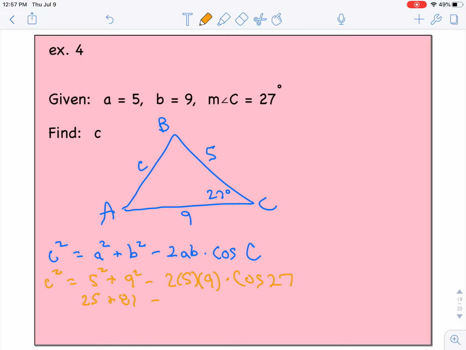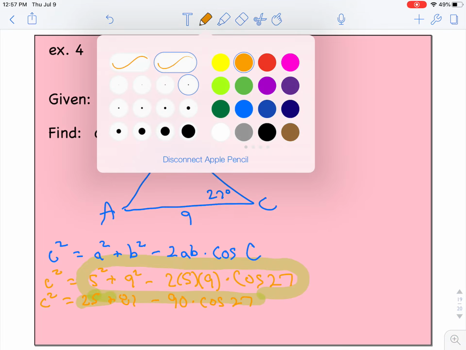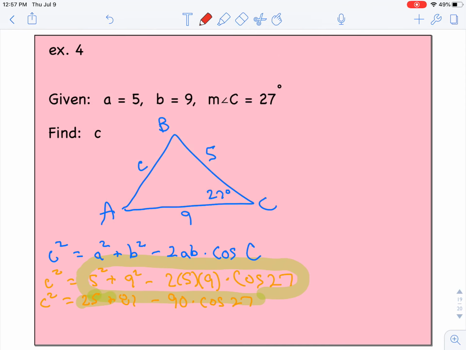This is 25 plus 81 minus, and then this is 2 times 5 times 9, which is 90, times the cosine of 27. Again, you don't have to do it in this many steps. You literally could type all of this in your calculator, and then take the square root of all of that.